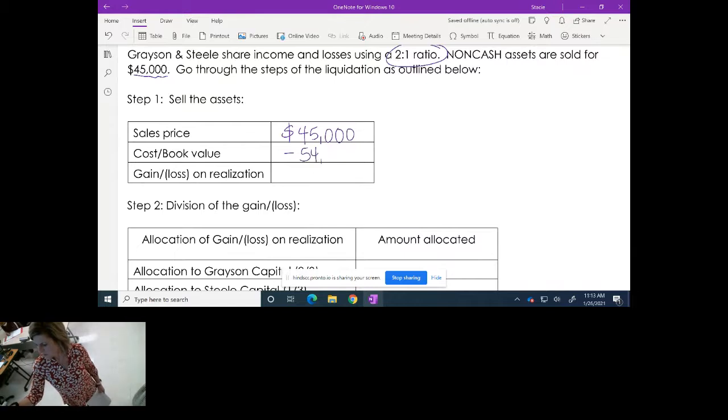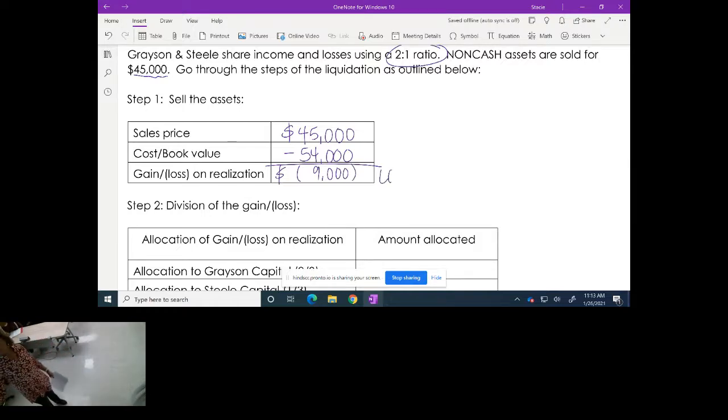So if I sold them for 45, but they cost me 54, you have a $9,000 loss. You got clobbered on that a little bit. I'm putting it in parentheses to show you it's a negative. So we have a loss.